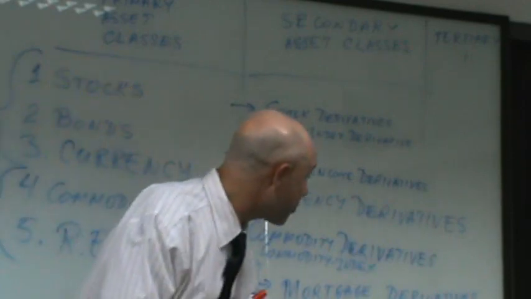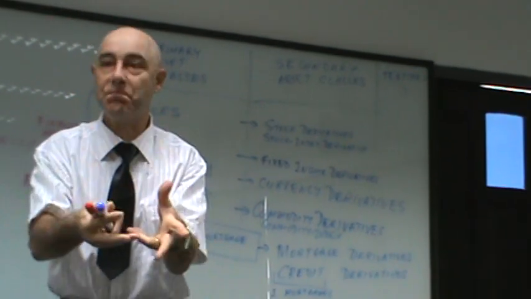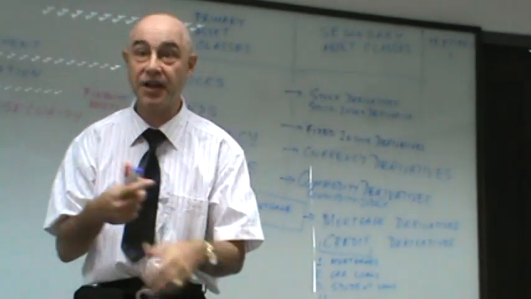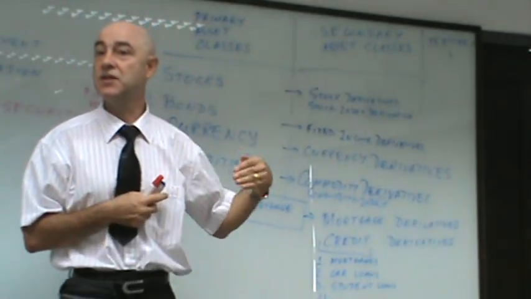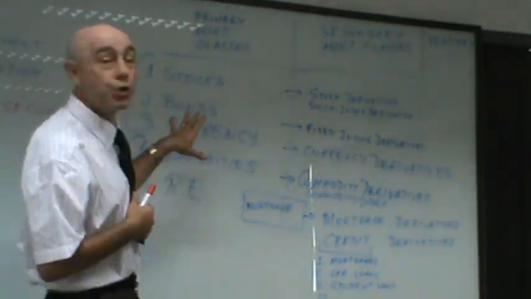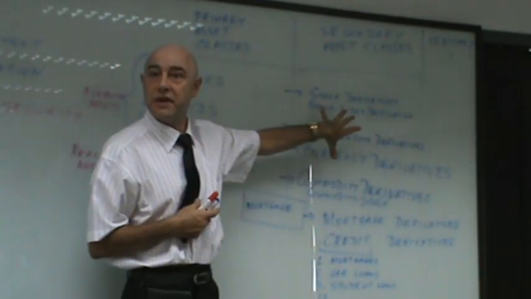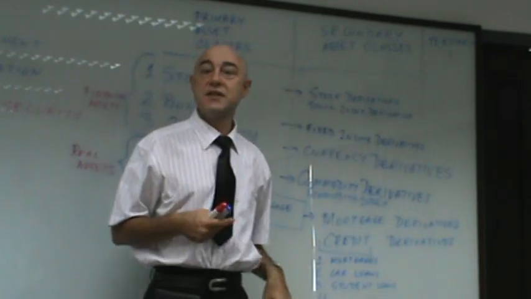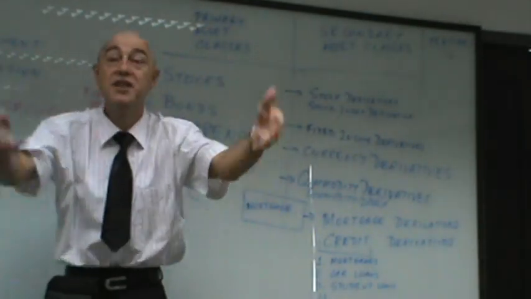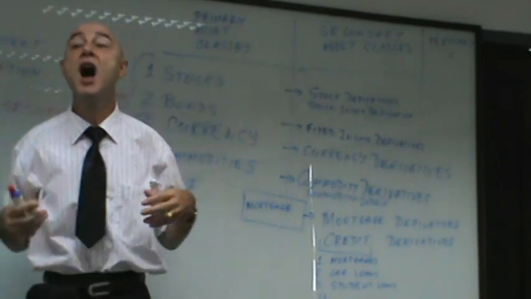Or you're going to have a credit derivative, and you will have a swap on the credit derivative called a credit default swap. So there is no problem to have a derivative of a derivative. This is called a second degree derivative. And there is no problem to have a derivative of a derivative of a derivative. So you can chain them up.